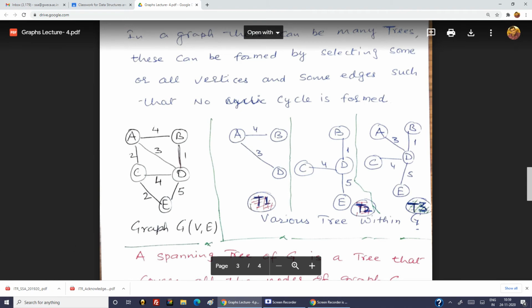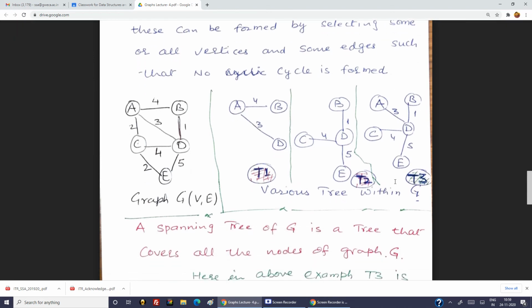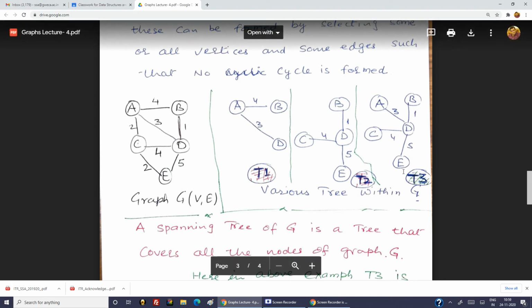Similarly, there is a tree T3. So this tree is having some of the edges I have taken from this graph, some of the edges I have left, and this tree is formed. So these trees are formed from this given graph. So from a graph, you can construct many different trees. T1, T2, T3.